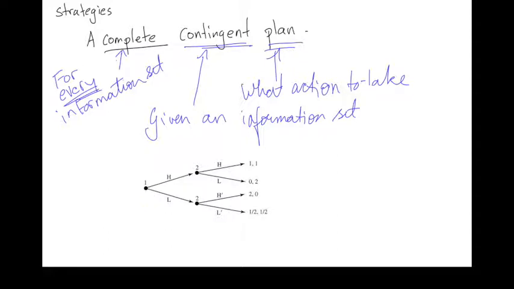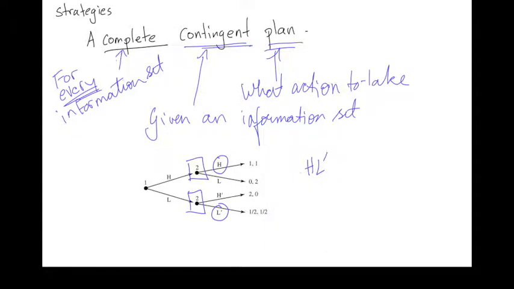For player two, there are two different information sets. So a strategy would have to say what he does in each of those different information sets. Typically what we're going to do is to write the strategy that he's going to play as a list. So here, if he's going to play action H and L prime, I would write H L prime.